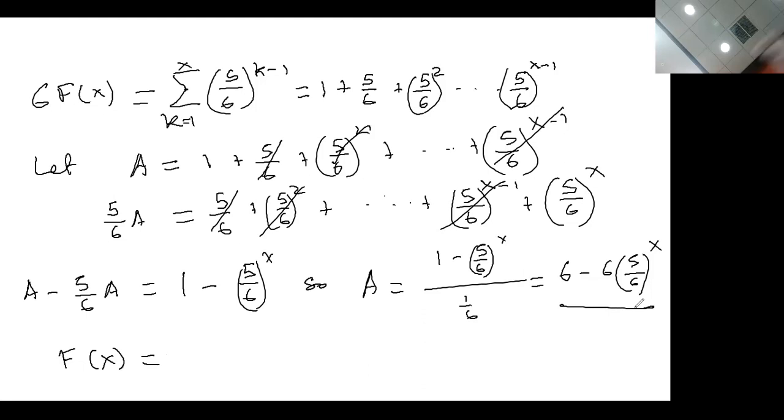Mason? Capital F of x times 6 equals this. Maggie, help us here. If 6 times f of x equals what we have here, equals this, what will be that?